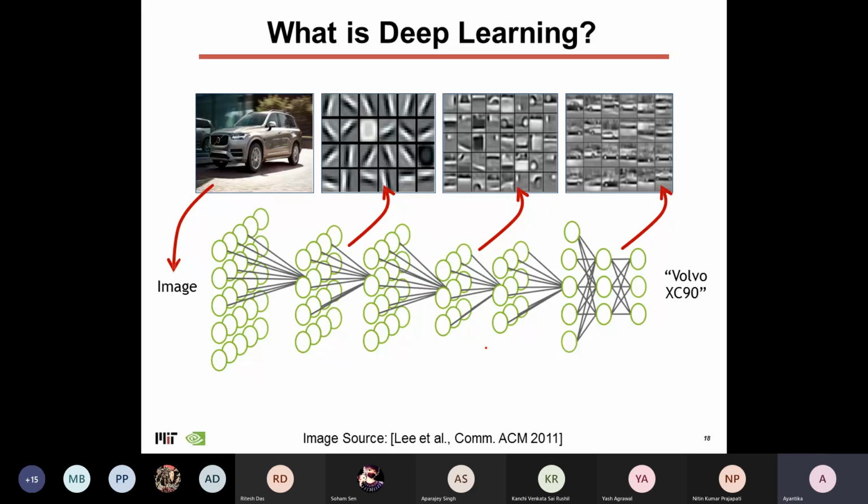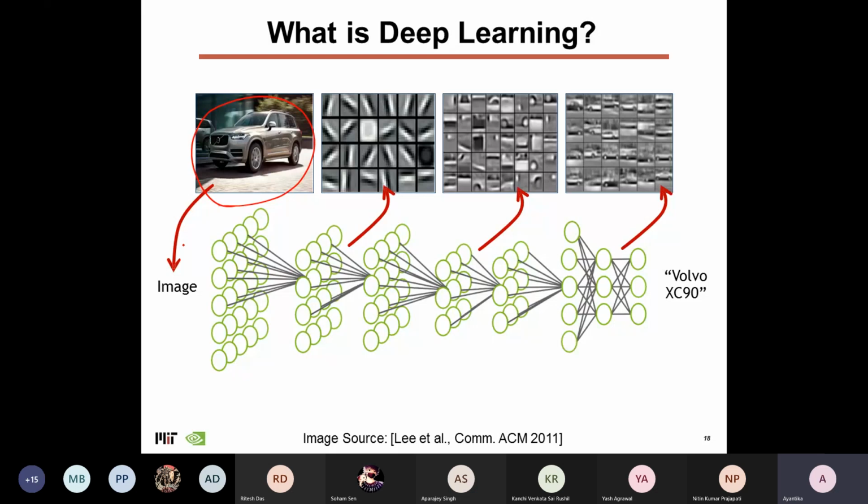Okay. So here, first try to think through this basic example. Let's say you are trying to train your system on the image of a particular car. Not a particular car. When you are training your system, you are taking huge data sets and they have information about multiple car images. Now, when it is learning the image, you can think that the image is represented as image pixels. Okay.